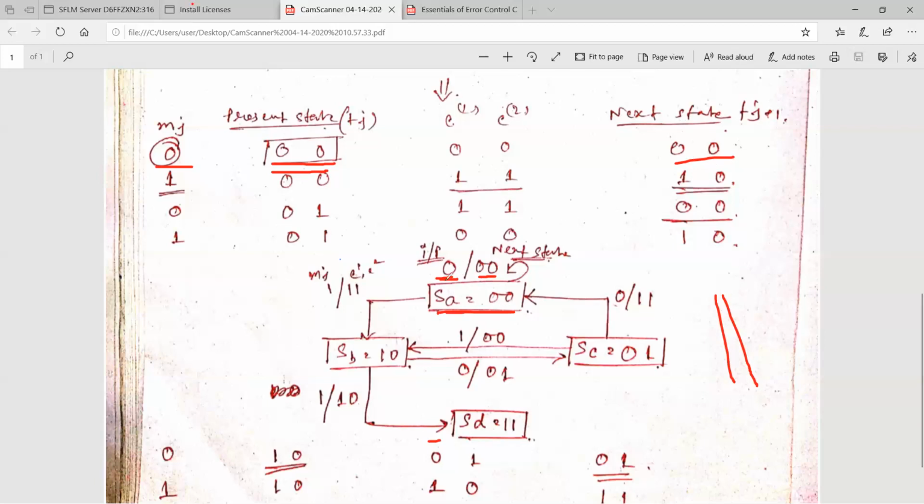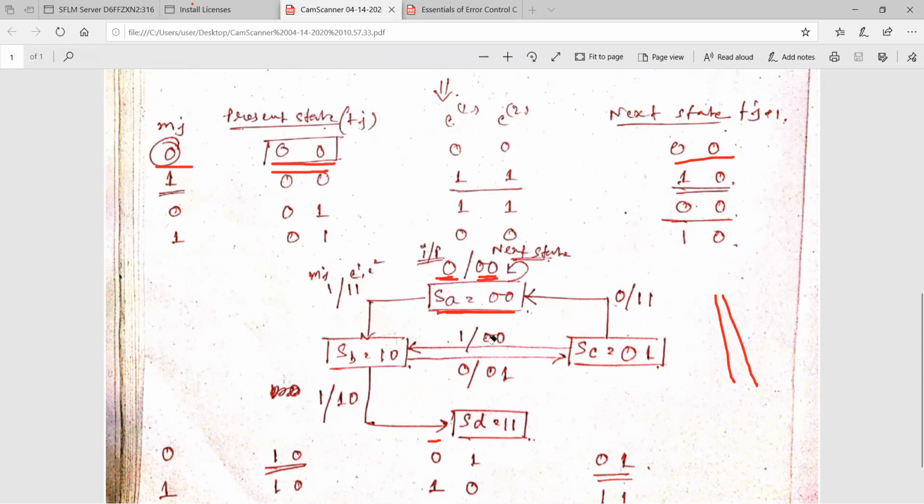The condition is that the message should be 0 and C1 and C2 will be 0 0, and then only we will get the next state as 0 0. So that's why I'm using this self loop. The present state was 0 0, and the next state is also 0 0 when the message is 0 and C1 C2 is 0 0.